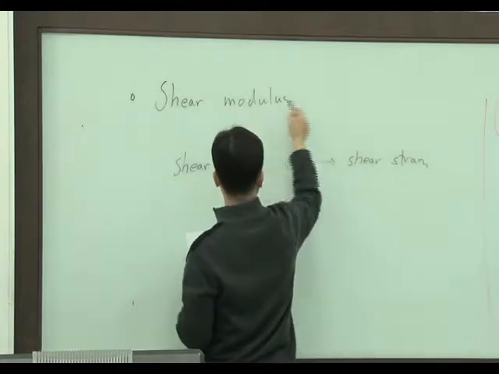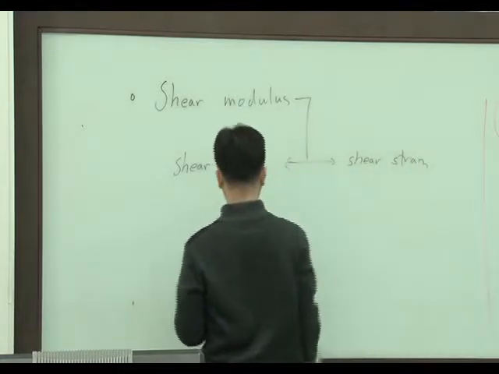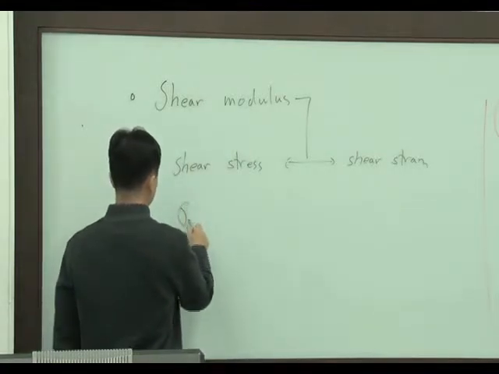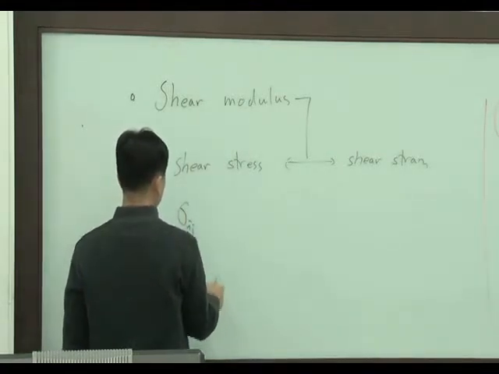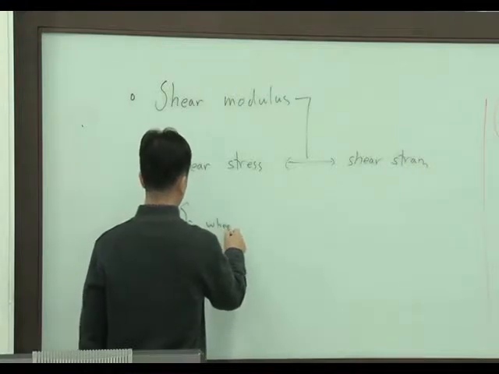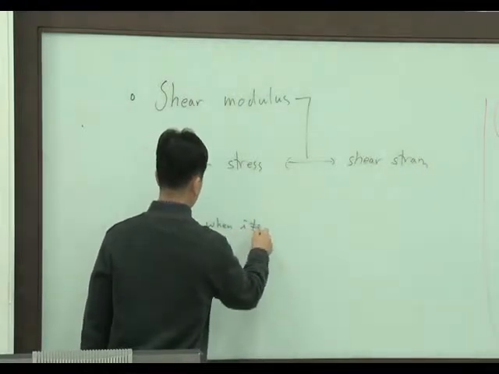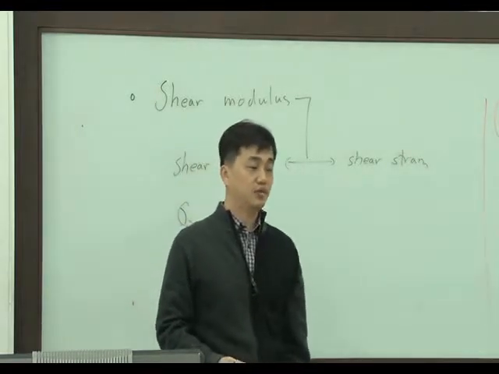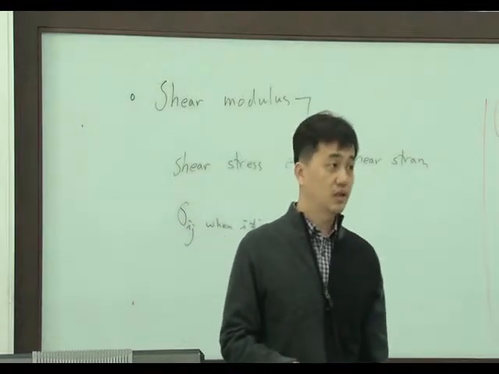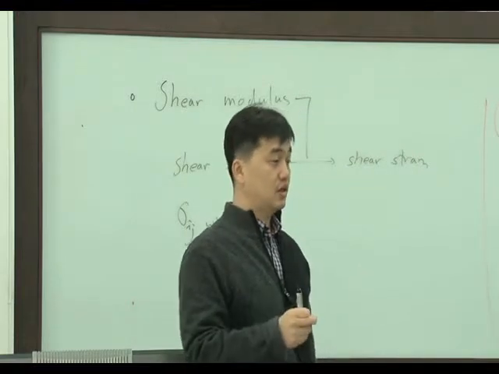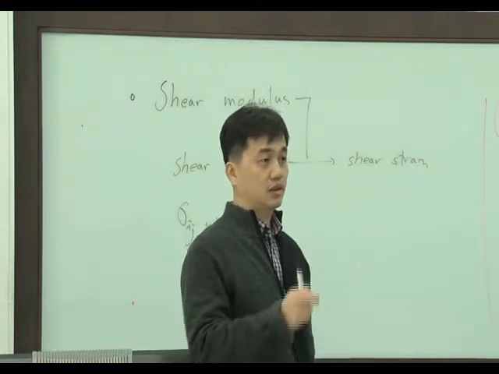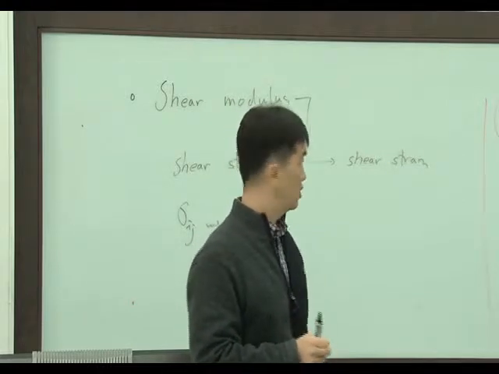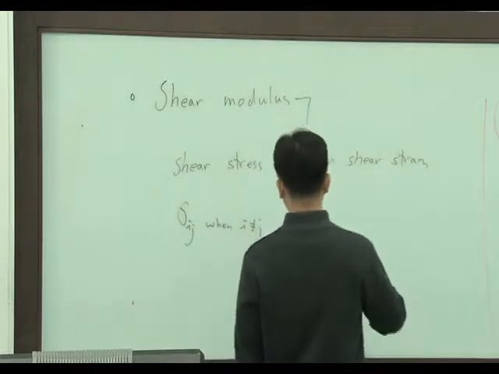So what's the shear stress? Stress ij, okay? When i and j are different. If i and j are the same, we are saying normal stress, right? So shear stresses are positioned off the diagonal of the stress tensor, right? Same thing. How about shear strain?